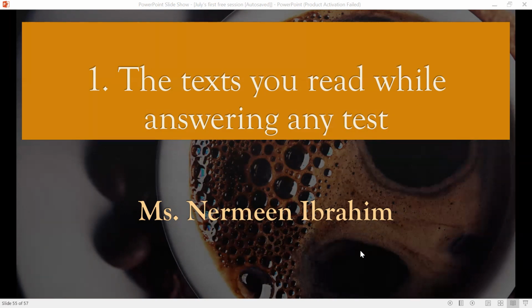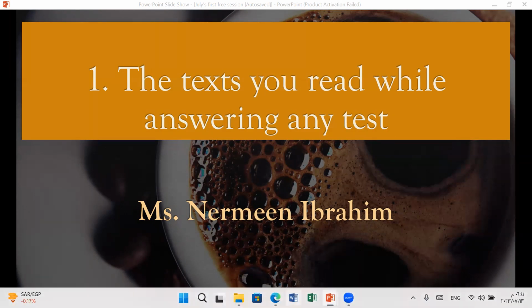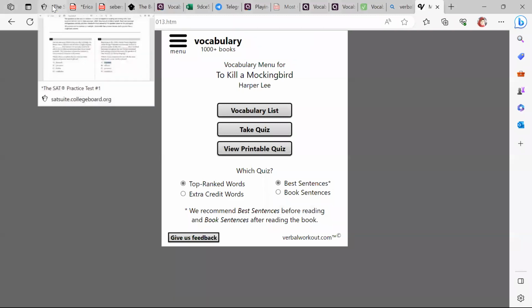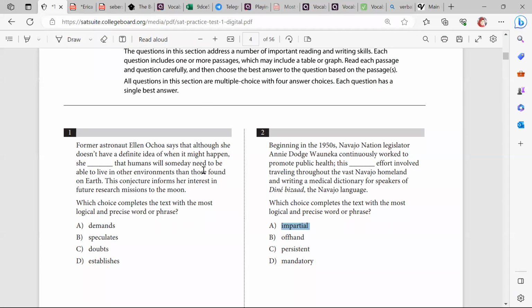Okay, let's take a look. Here, for example, I'll go for test 1. While reading the first question, you might come across the word conjecture, and you might not know its meaning.